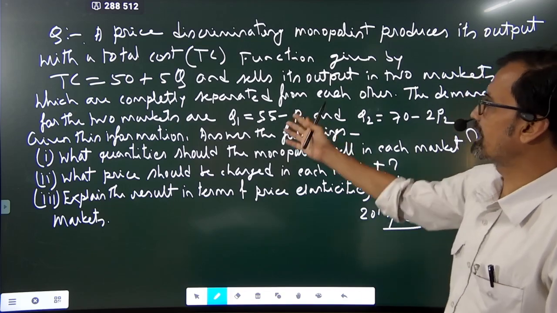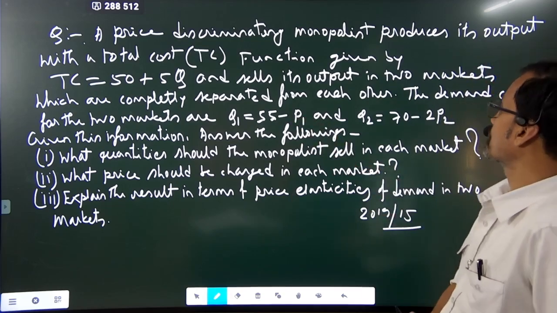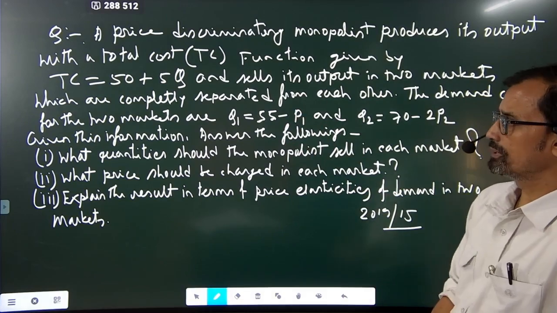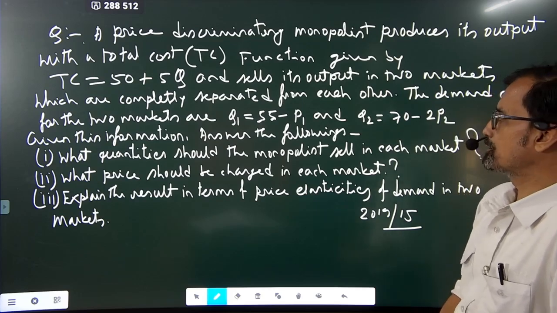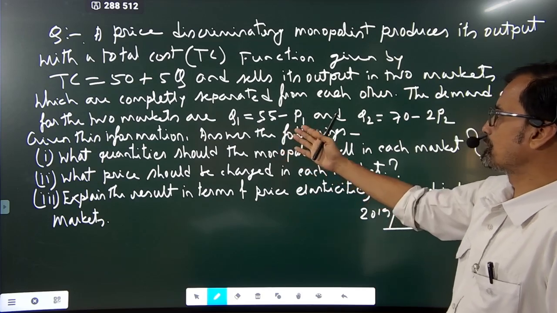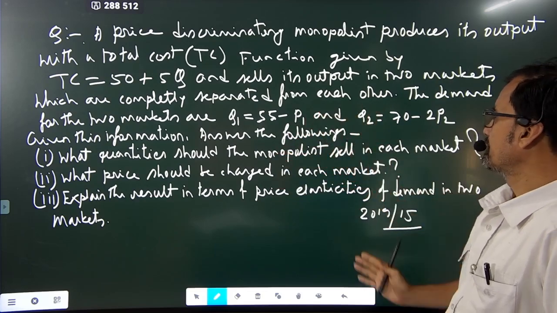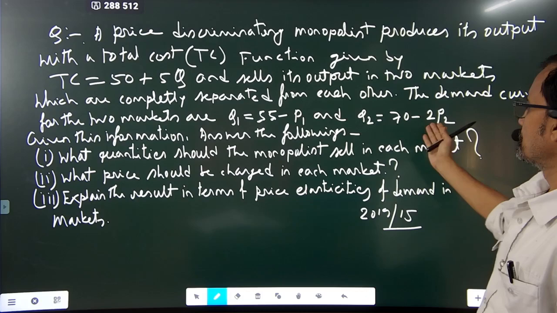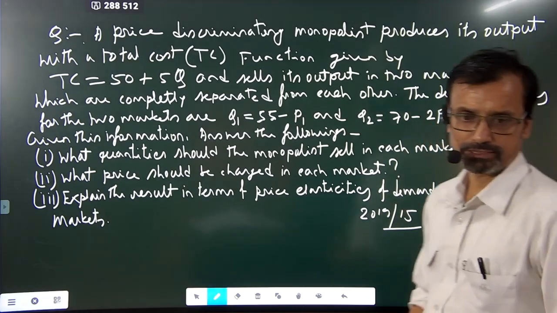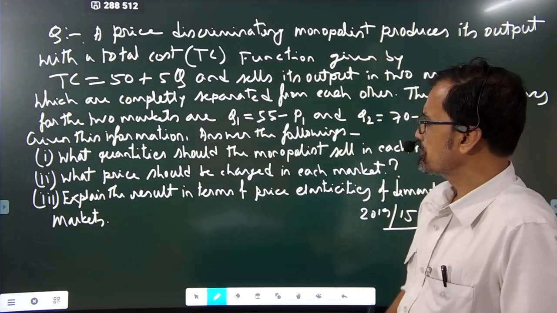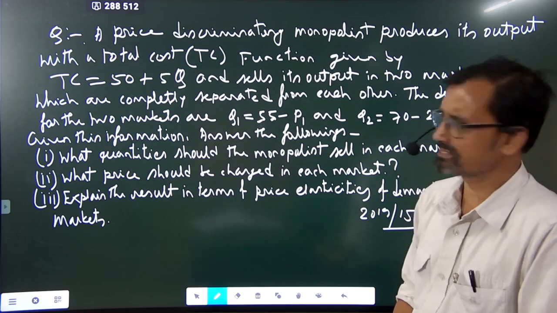The question is: a price discriminating monopolist produces its output with total cost function 50 plus 5Q, and demand function in market 1 is Q1 = 55 - P1, and in market 2 the demand function is given as 70 minus 2P2. With all this information, we have to answer the following questions.